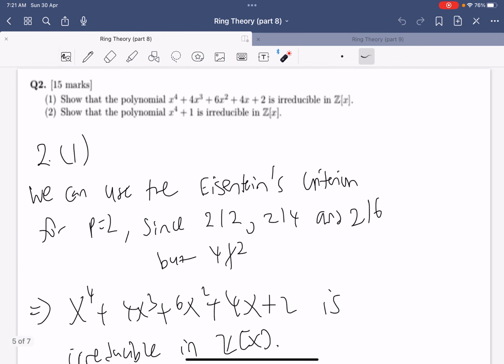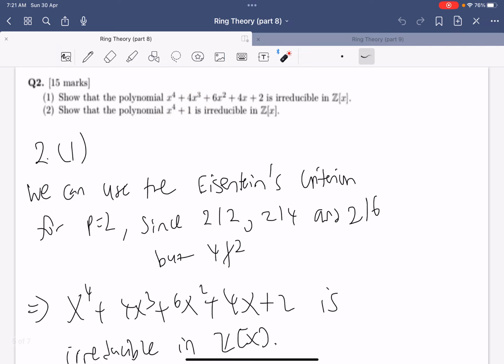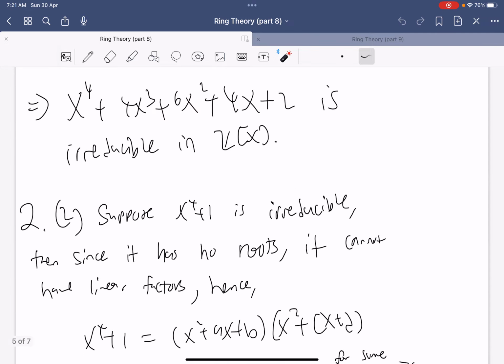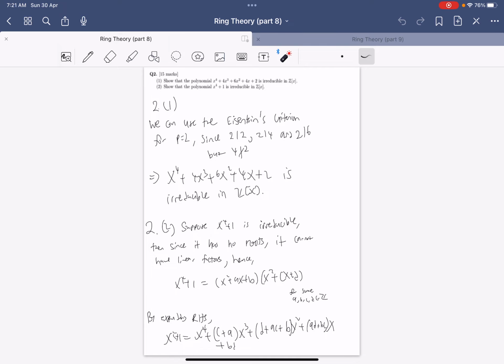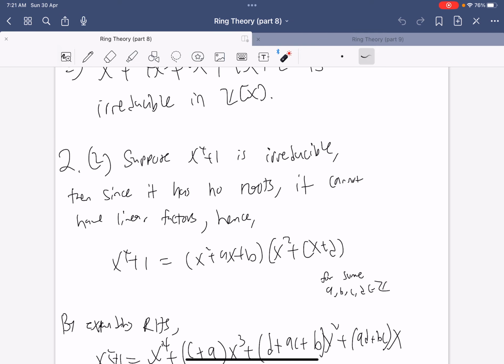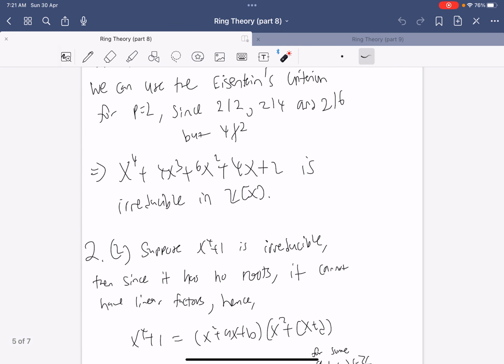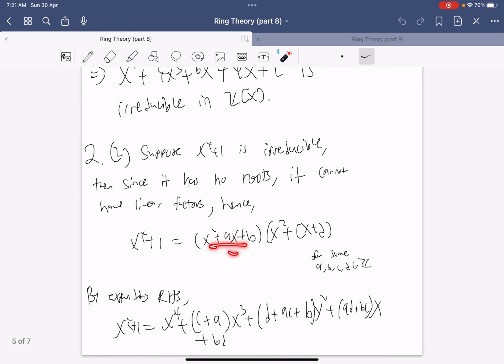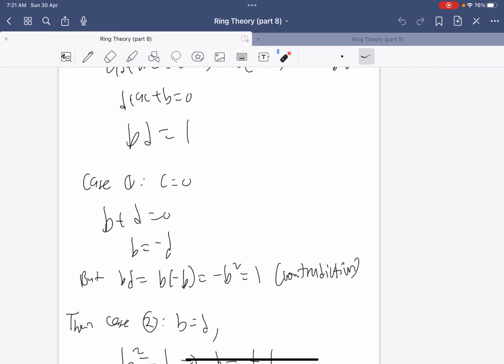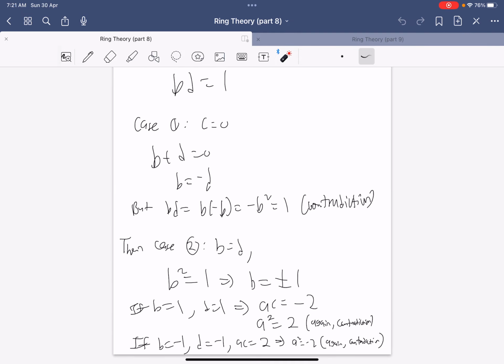And now we see the next example and show that x^4 plus 1 is irreducible in Z[x]. So we suppose that it's reducible, and we can break it up into these factors, and then by expanding the right hand side, we just need to multiply them out and solve the equations to get a contradiction at the end.